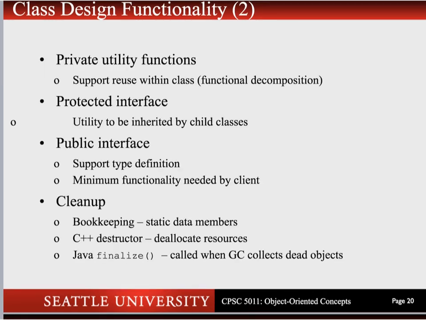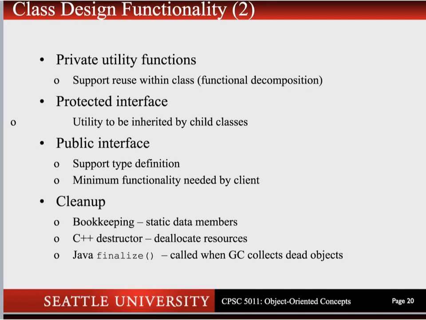We also have, in terms of class design functionality, private utility functions, which will support reuse within the class, and protected interfaces, which are utilities to be inherited by child classes. Again, we'll talk about protected interfaces and protected functionality at a later point.